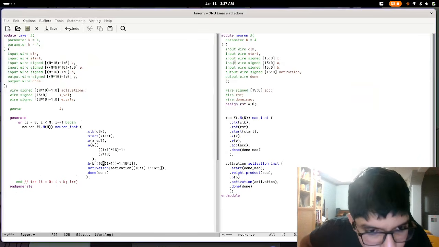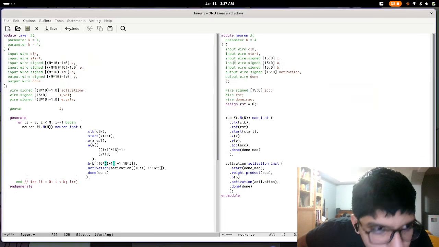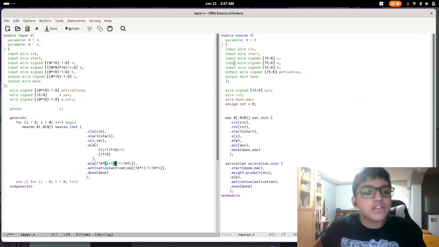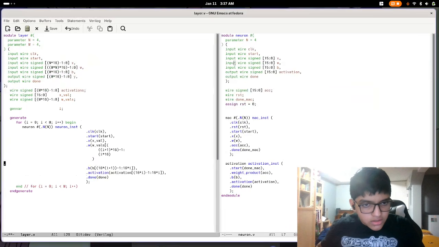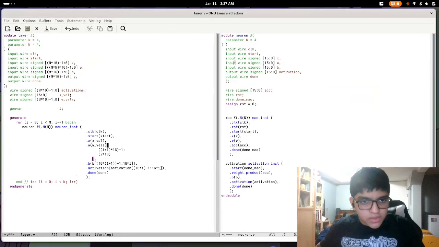Then biases, that looks good as well. Oh, it should be W vals. We do not need these parentheses, I believe. Yep, okay.